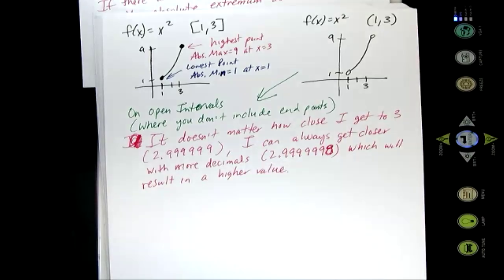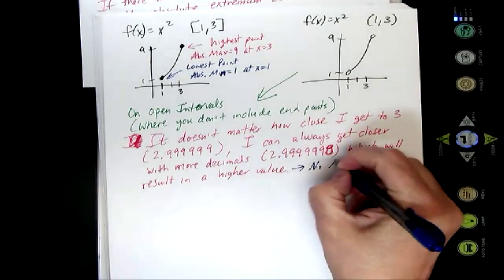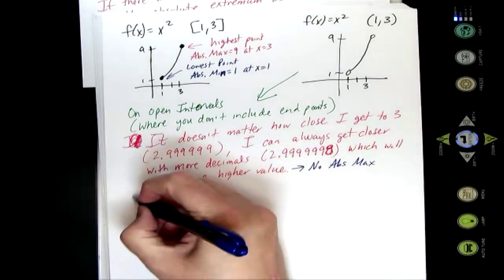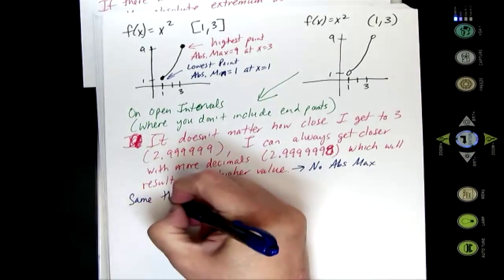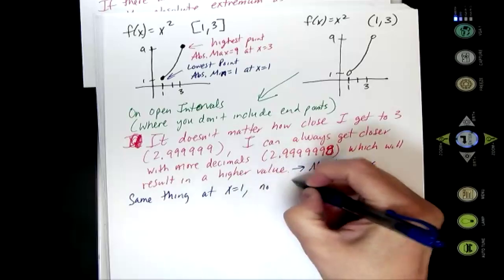There's no max. This means there's no absolute max there. And also, same thing at x equals 1: no absolute min.